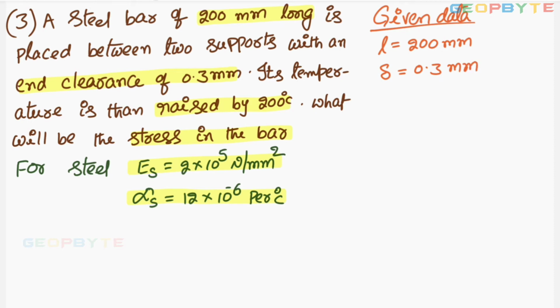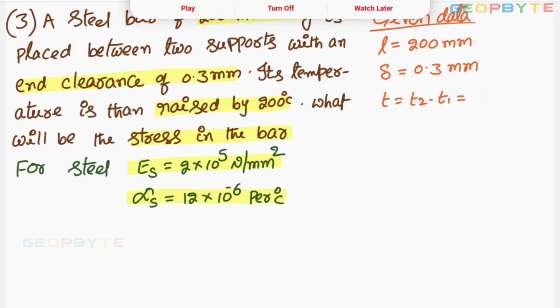This is a problem connected to the temperature stress with yield allowable. Its temperature is then raised by 200 degrees centigrade, not 100 degrees centigrade. Temperature rise means T2 minus T1, so it is 200 degrees centigrade.